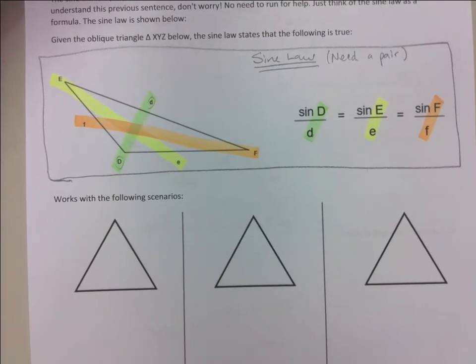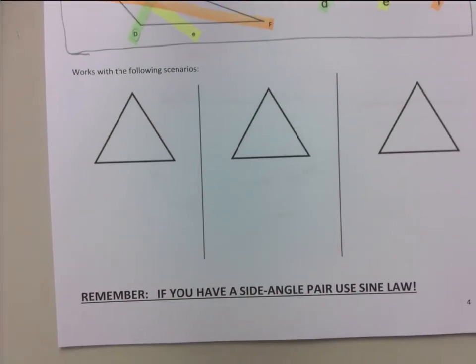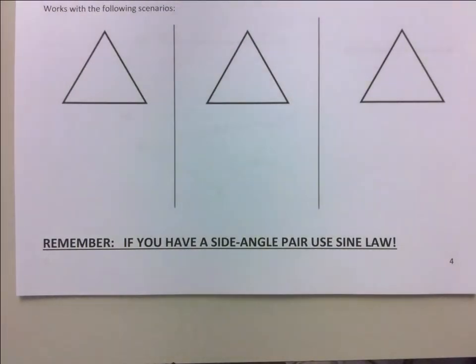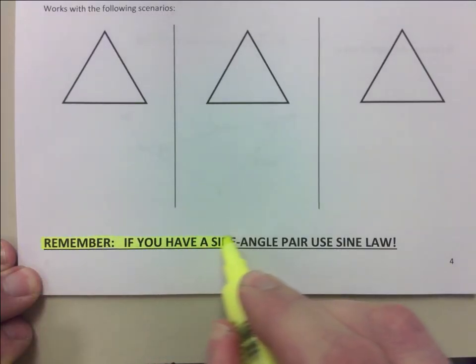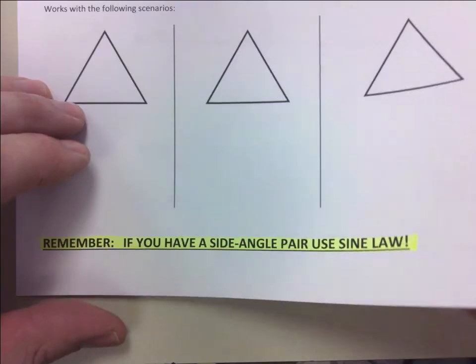You know what? I'm going to skip the scenarios for now. This is what I want you to highlight down here. Remember, if you have a side angle pair, we use the sine law. That's what I want you to remember. Okay? So let's go to 5. Let's use this.